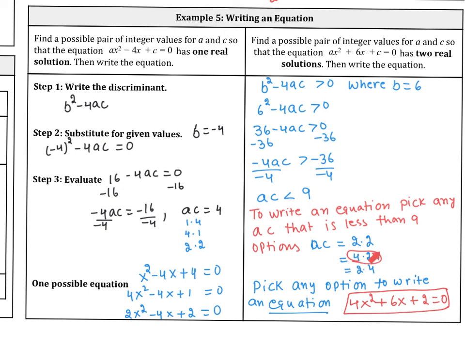You can choose any a and c value and write it in standard form for your equation. Again, there are so many options, but we can pick any option where a times c is less than 9. So I picked 4 and 2 and put it in standard form, ax squared plus bx plus c equal to 0.